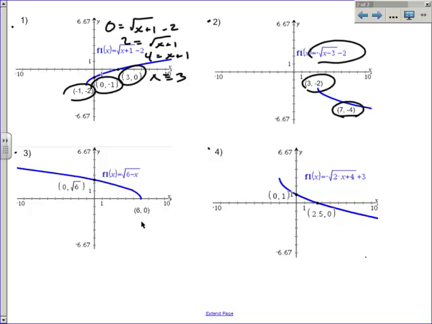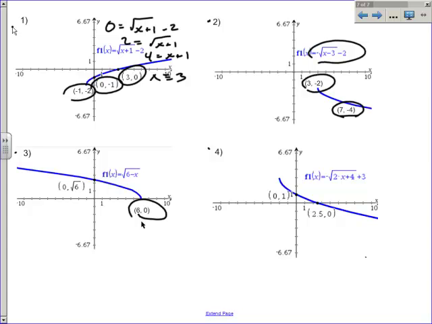All right, for number 3, square root of 6 minus x. I'm going to find the x value of the origin of my graph by setting this equal to 0. So 6, well, out here I've got nothing. This graph begins at 6, 0. Notice the negative in front of the x underneath the radical is going to cause this graph to go off to the left.